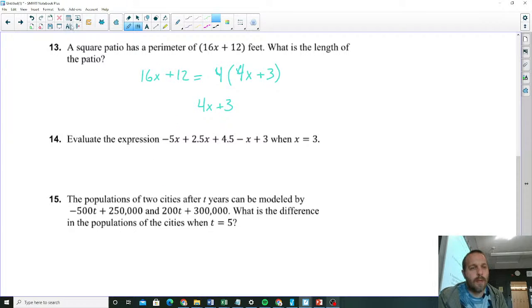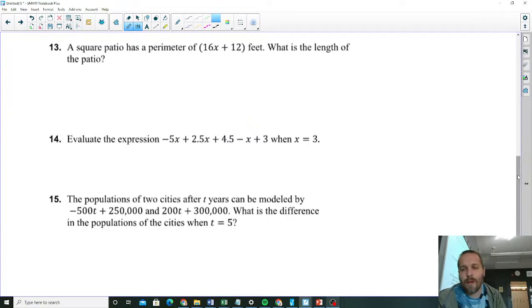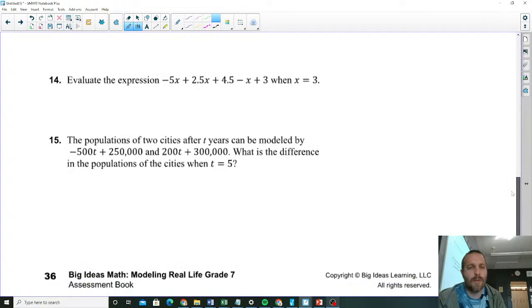I'm going to clear this off because it seems to work better when I do that. My computer's slowing down here. The way to do this is to combine like terms, so I'm going to change that minus to a plus negative. So we got negative 5 plus negative 1, that's negative 6, plus 2.5. So I'm grabbing the calculator, negative 6 plus 2.5 is negative 3.5.